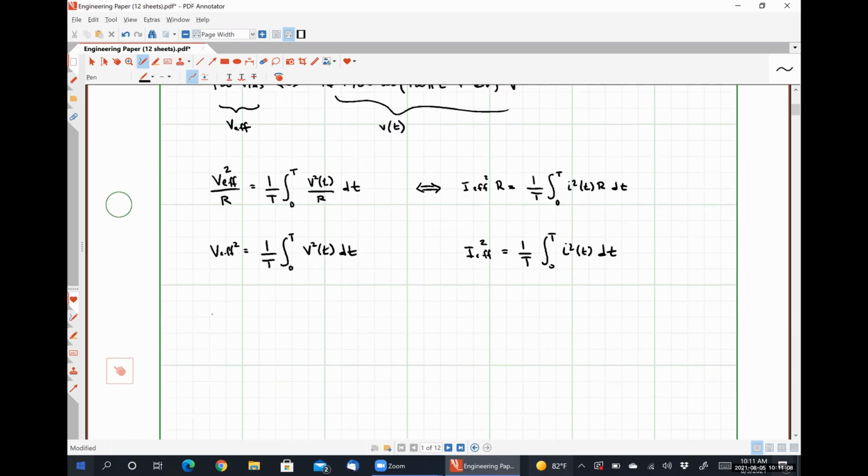So my effective value for my voltage becomes the square root of 1 over the period times the integral over 1 period of the square of my voltage signal.